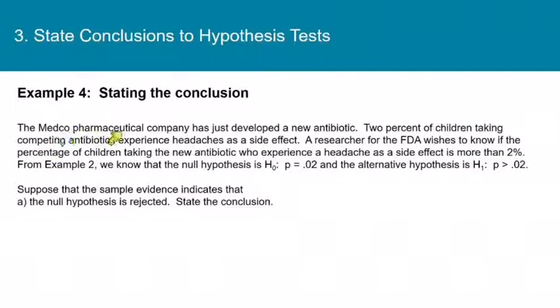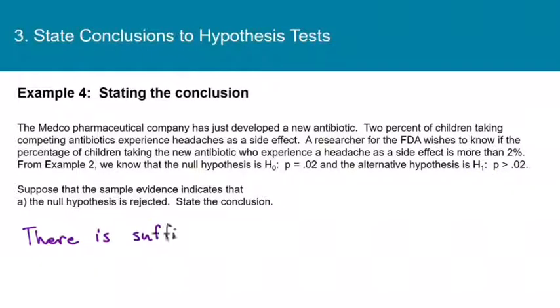Okay, now let's go back to the Medco Pharmaceutical Company and let's look at this one more time. Same hypothesis test, I won't read it to you again, but suppose the sample evidence indicates that the null hypothesis is rejected. We want to state the conclusion. Okay, the null is rejected. That means we've decided that this is false, and therefore we believe this is true.